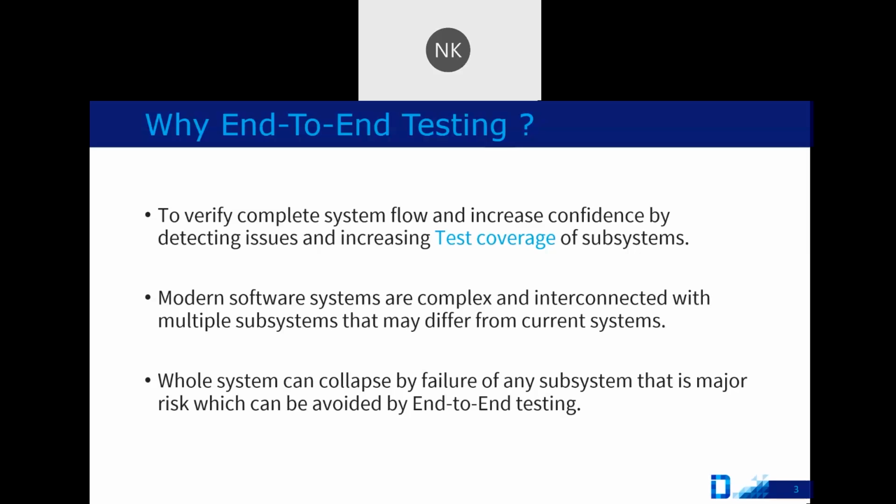So if there is any failure in those subsystems, we can catch them and we can mitigate the risks for the major testing environment or for the major product. We can reduce the defects and we can increase the test coverage by doing end-to-end testing.